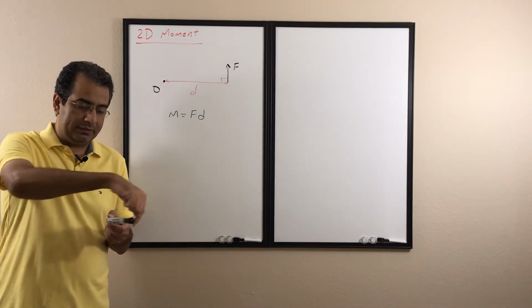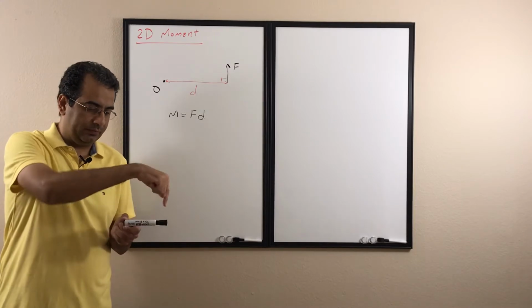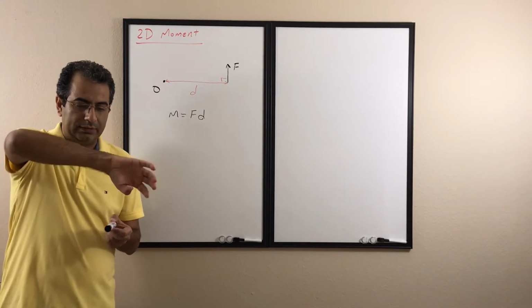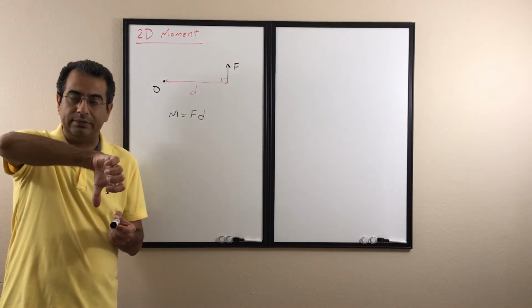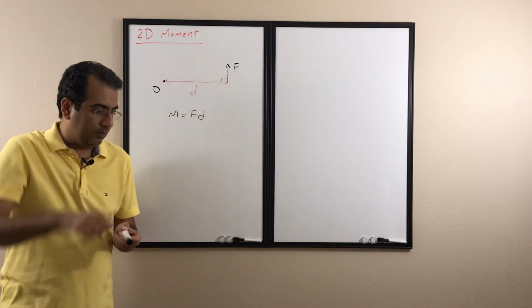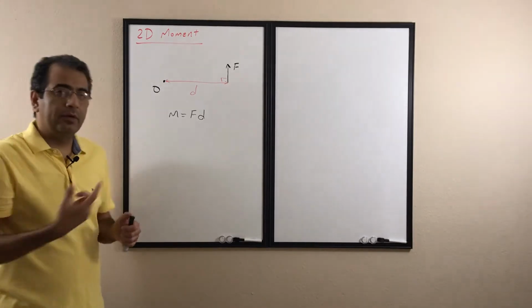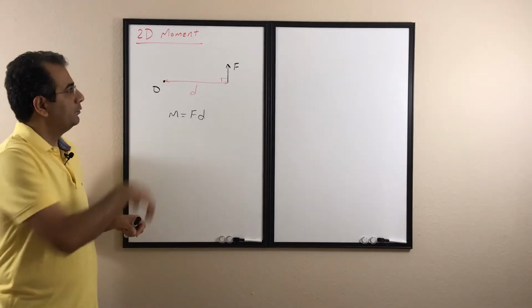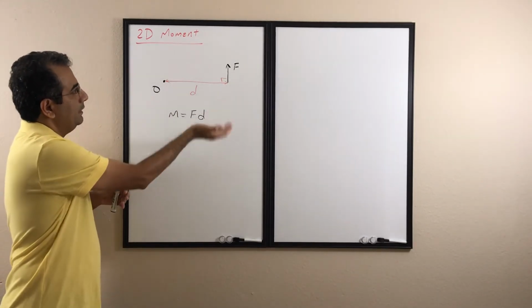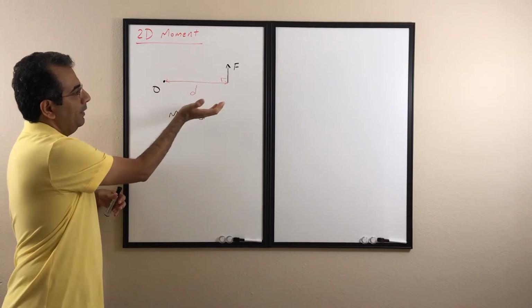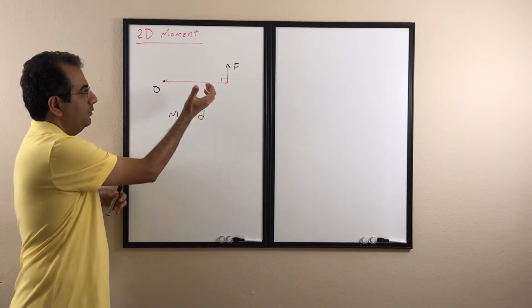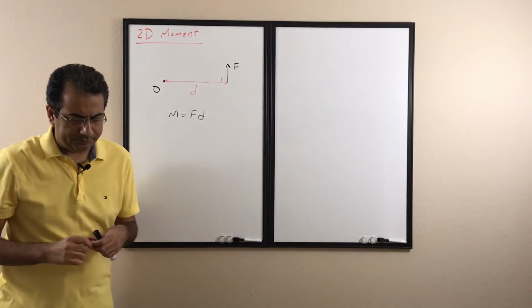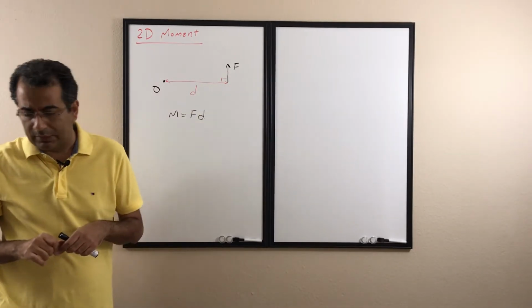If it rotates in this direction, for example, it goes from here to here, then the curl is in this direction, I put my forefinger, and the moment is going to be downward. This is how we find the direction of the moments. For here, we know that it rotates like that, and we curl like that, and then the thumb, which is going to be out of the board, is the direction of the moment.